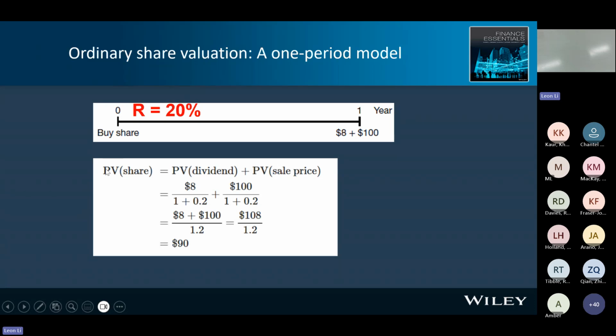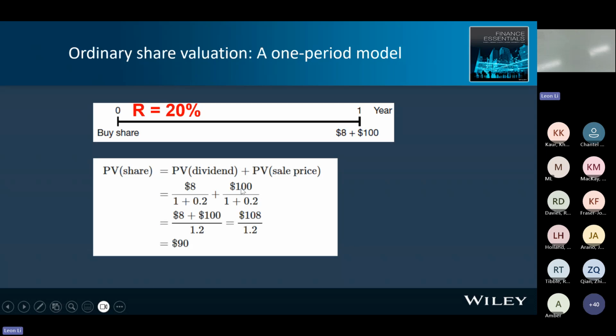Final step, calculate the present value. So the present value of the share is the present value of the dividend plus present value of the sale price. That means the price at year 1. So $8, $100, we use the discount rate 20% or 0.2 to bring them to today.